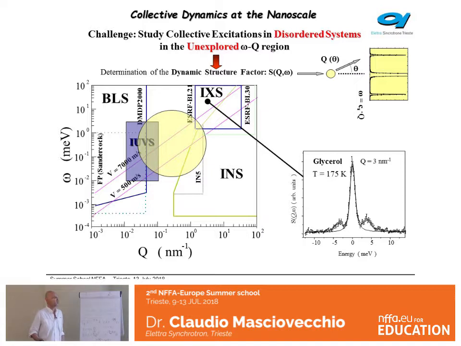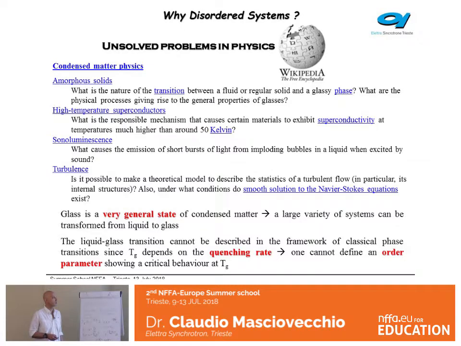So why do we want to study disordered systems? If you ask Wikipedia what are the open problems concerning condensed matter physics, you end up with these 4 points. The first one is amorphous solids, so glasses. The second one is for sure high temperature superconductors. Then you have sonoluminescence and turbulence. 3 out of 4 are dealing with disordered systems.